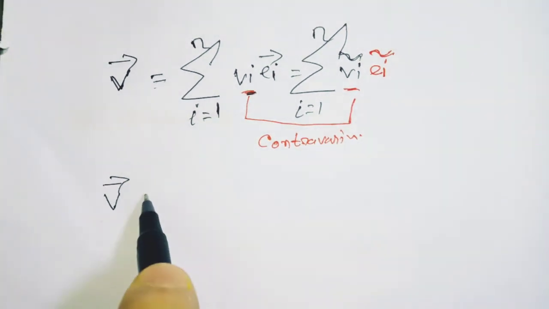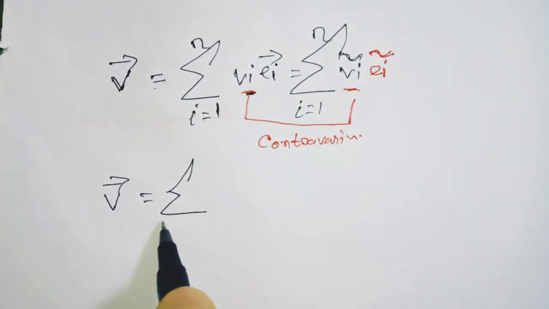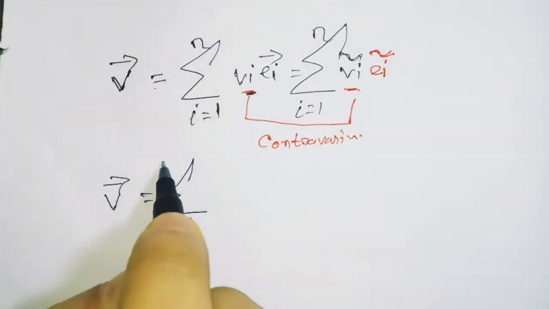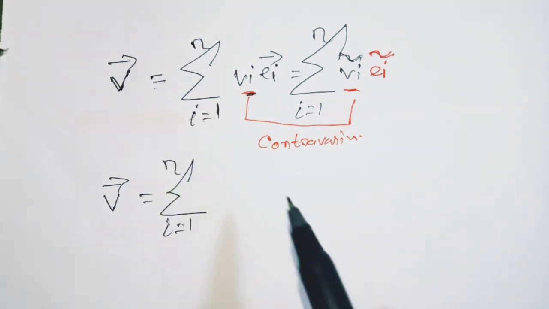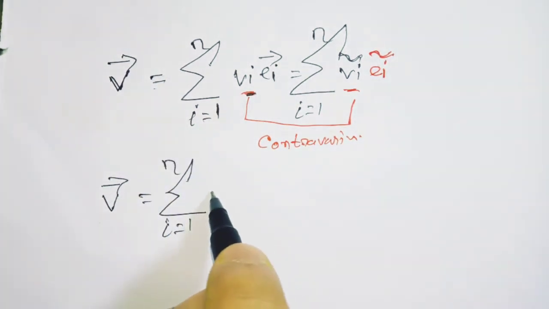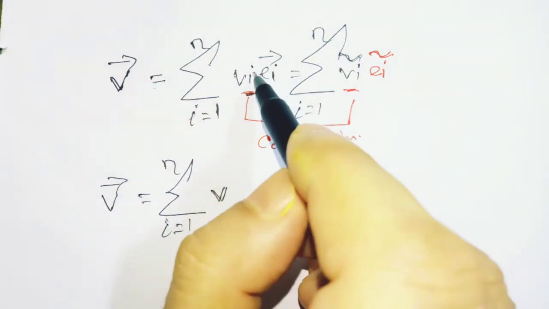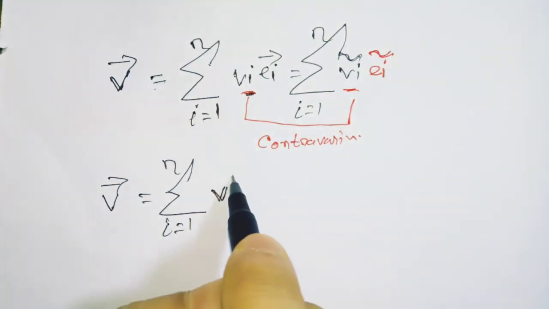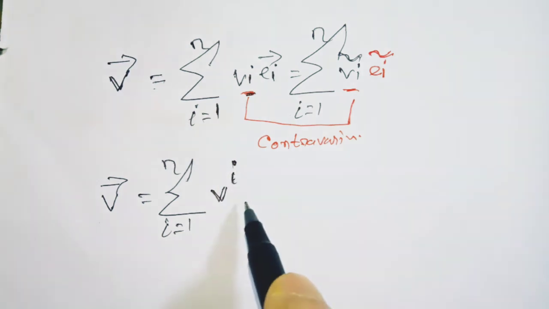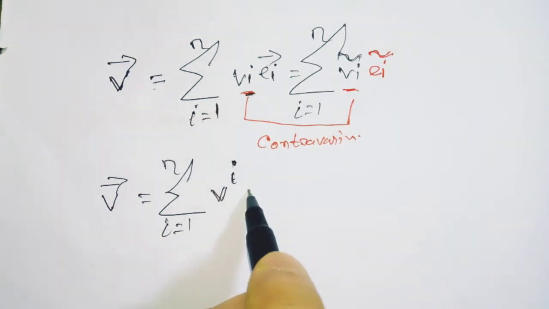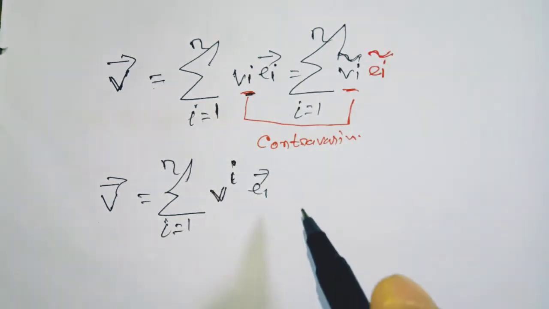So we write V equals to sigma of i equals to 1 to n. This remains the same. And then this V, this i, this one moves on the top, and this remains at the bottom, E_i. This is the basis indices.